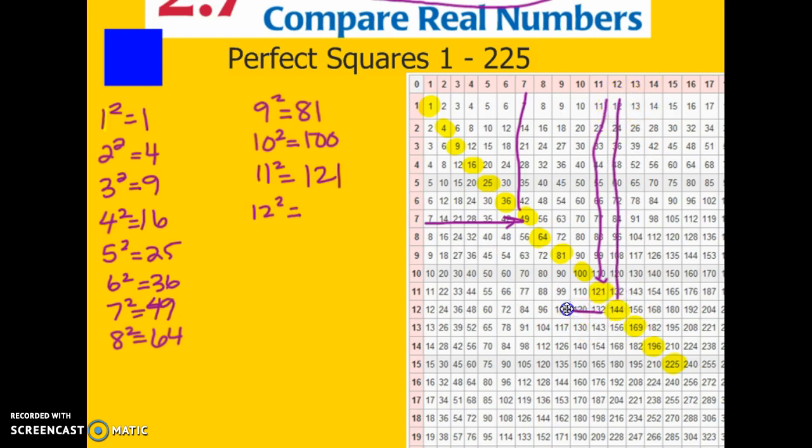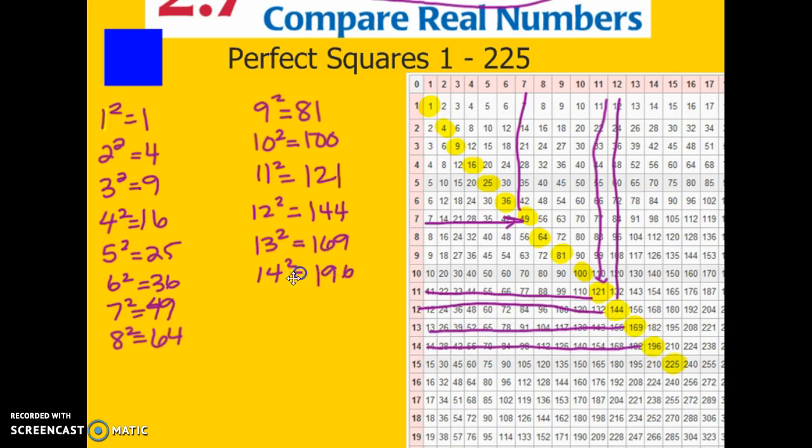It's going to give us 144. 12 times 12 is 144. 13 squared, 13 times 13 is 169. 14 times 14, right there, 196. And last, 15 squared, or 15 times 15, is going to give us 225.